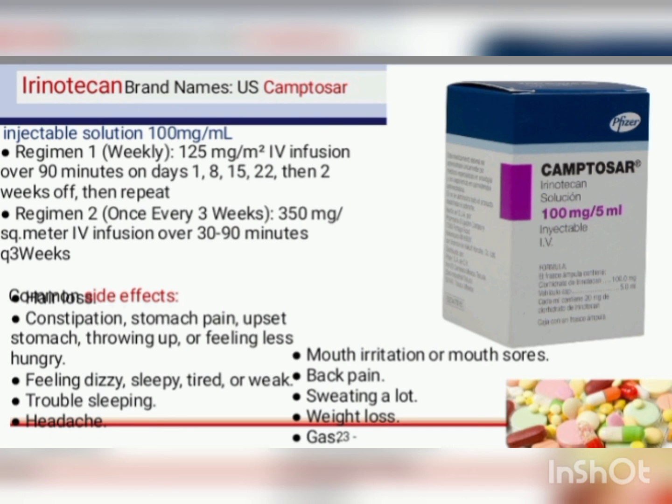Regimen 2: 350 milligrams per square meter infusion over 30 minutes. Common side effects: constipation, upset stomach, throwing up, feeling less hungry, feeling dizzy, sleepy, tired or weak, trouble sleeping, headache, mouth irritation and mouth sores, back pain, sweating a lot, weight loss, and gas problems.